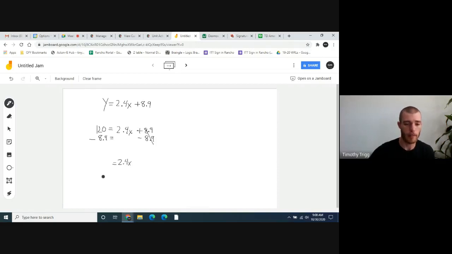That's 111.1. Then to solve for x, we're going to divide by that 2.4. So we divide by the slope. Divide by 2.4. And so in my case, that's 46.